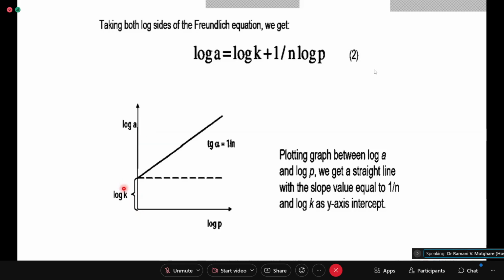So why will you select this particular charcoal, and why not select the other one?